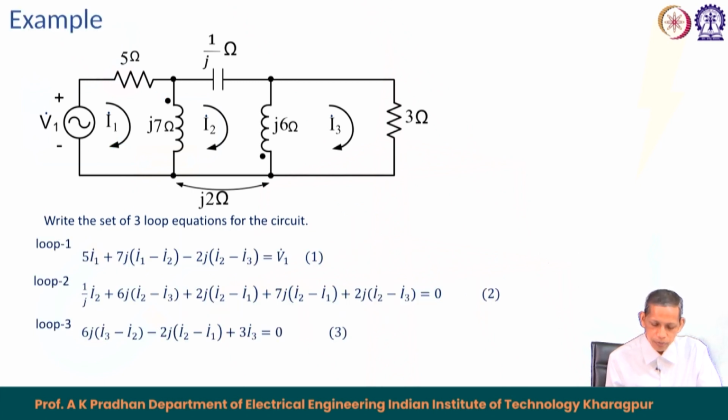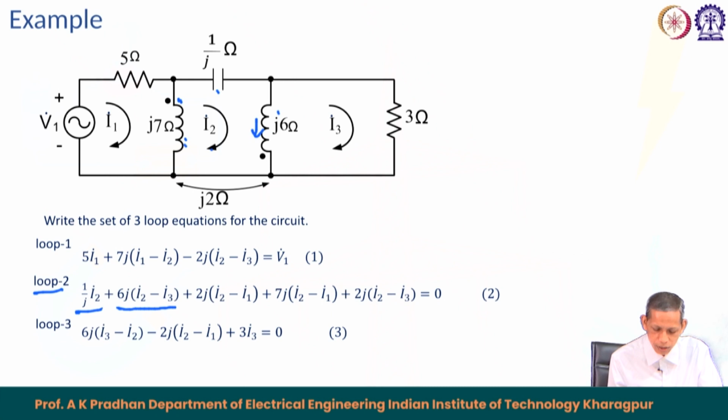Similarly, we can write for loop 2 also. For loop 2, there are 3 elements. We start with the capacitor, minus J times I 2, and then the second element, J 6 times I 2 minus I 3 downward, and it has a mutual component with the other coil. I 2 minus I 3 is leaving the dotted terminal, and I 2 minus I 1 is also leaving the dotted terminal in J 7.